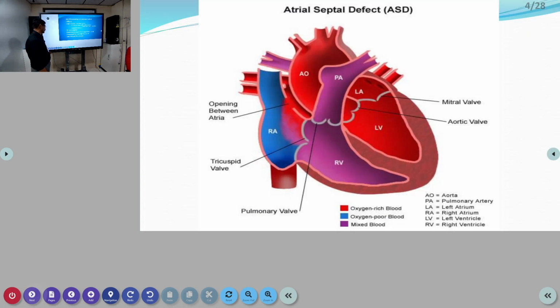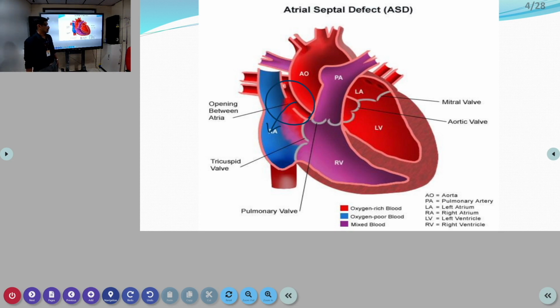Now, this is a picture showing the atrial septal defect. Here you can see we have the atrial septum, and the blood flows from the left atrium to the right atrium, resulting in volume overload on the right side of the heart.